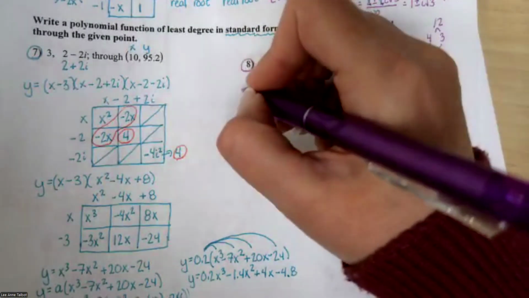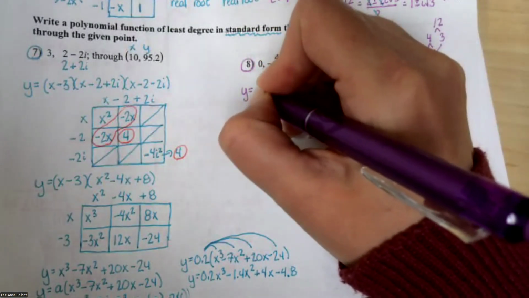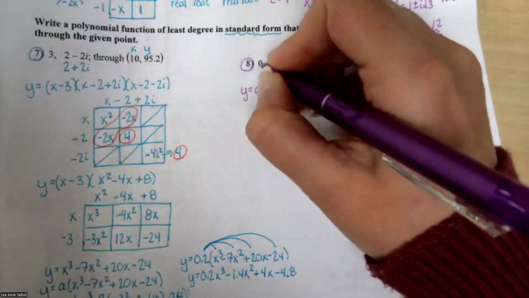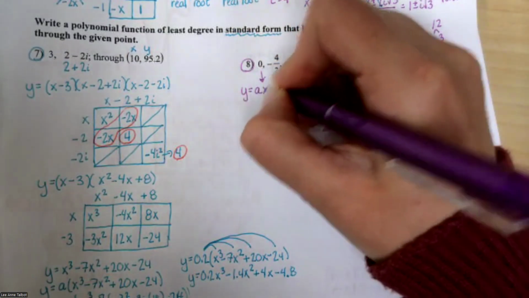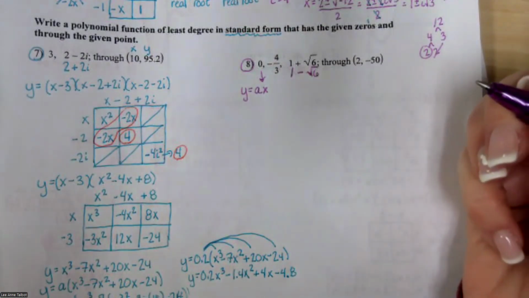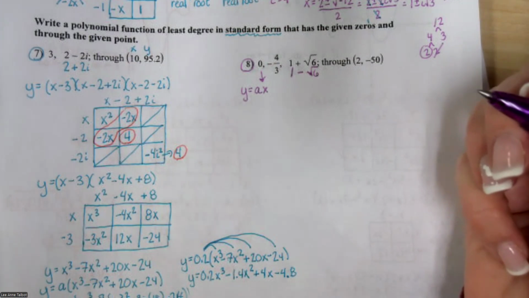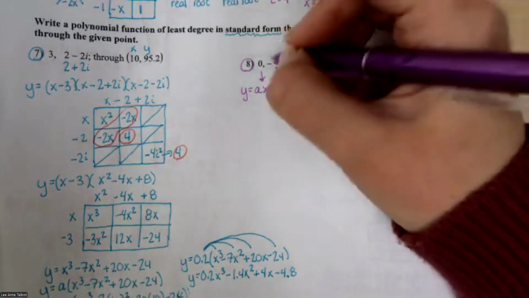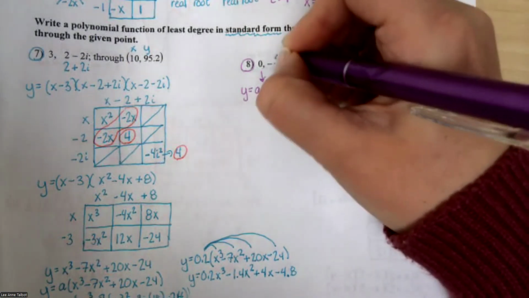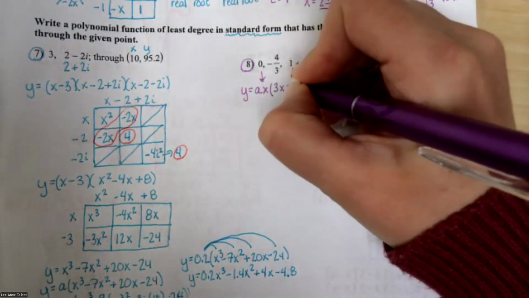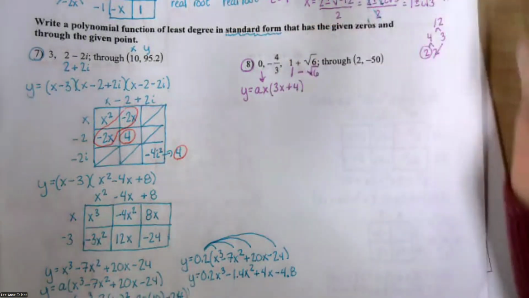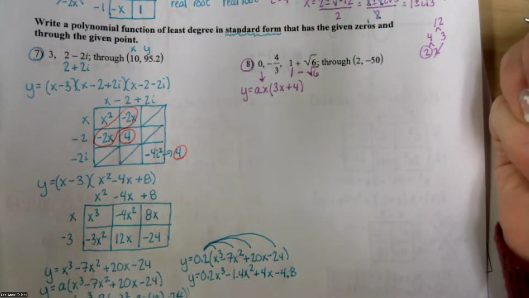Okay, so here we go. y equals a. For the 0, I'm just going to put x. You could put x minus 0 in parentheses. That's totally fine. Okay, now for this one, 3x plus 4. Does that make sense?